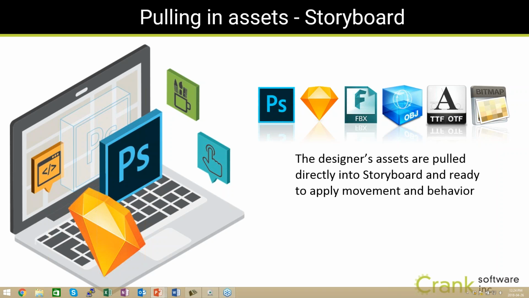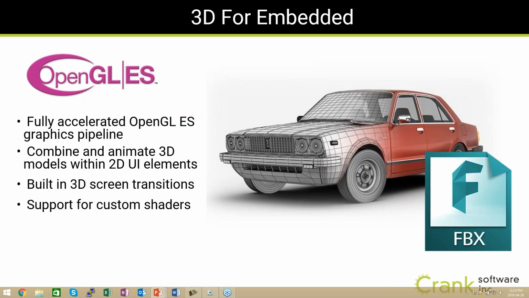Their design will come into our environment exactly the same as it was in their environment. And then you're ready to manipulate and provide behavior to the content in Storyboard. So there's no time spent slicing up assets, doing costly packaging and handoffs to another team that's going to implement it. The content comes in and it's ready to manipulate and work with.